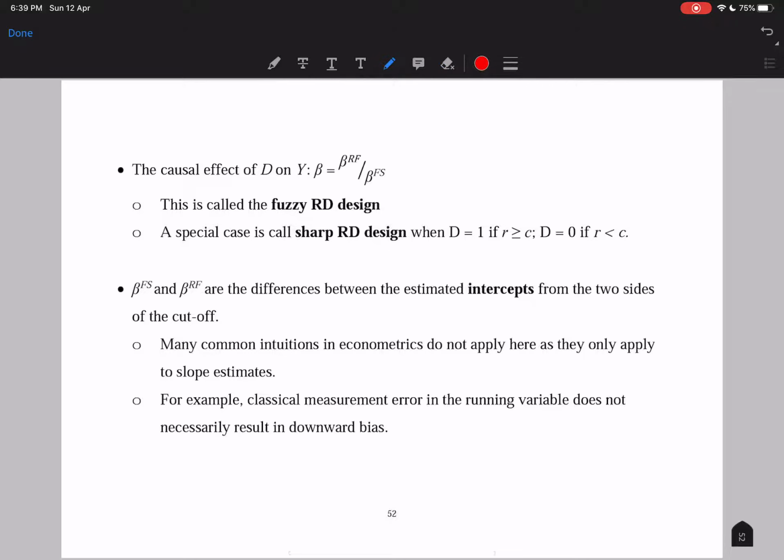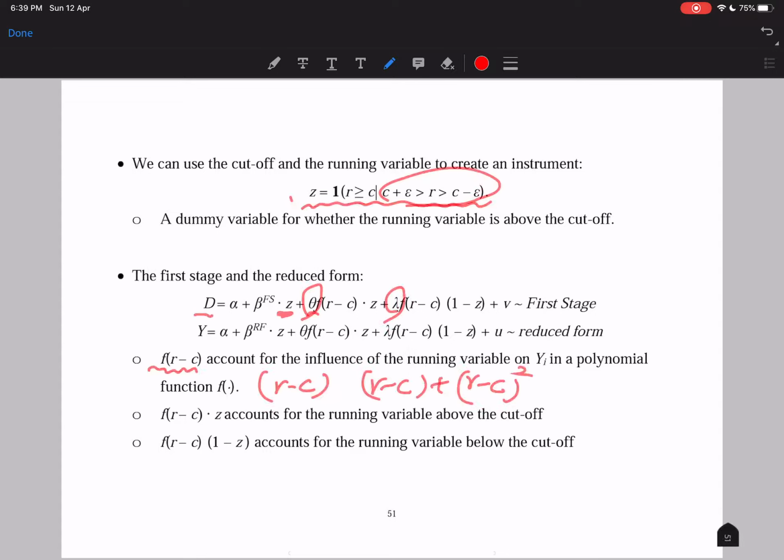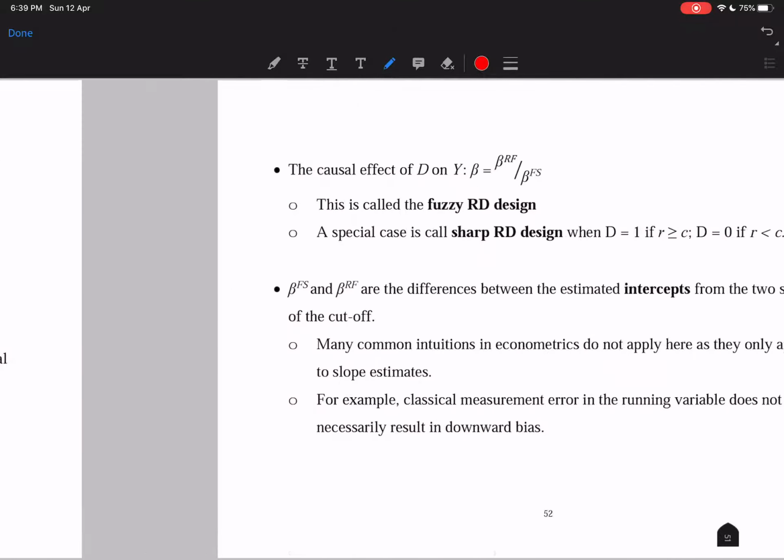One thing that is quite tricky, if you remember, is that the RD estimate is actually the difference between the estimated intercepts from the two sides of the cutoff, right? I just mentioned that the theta and the lambda here are actually the slopes, so the estimate here is actually the intercept.